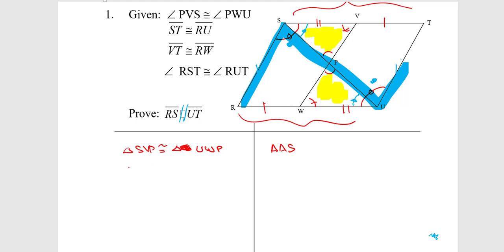And then I can do a CPCTC to get angle VSP congruent to angle WUP. Yep, sorry, this angle right here congruent to this angle right there. Oh, sorry, no, this one congruent to this one. And then I can get angle RSU congruent to angle TUS by subtraction.